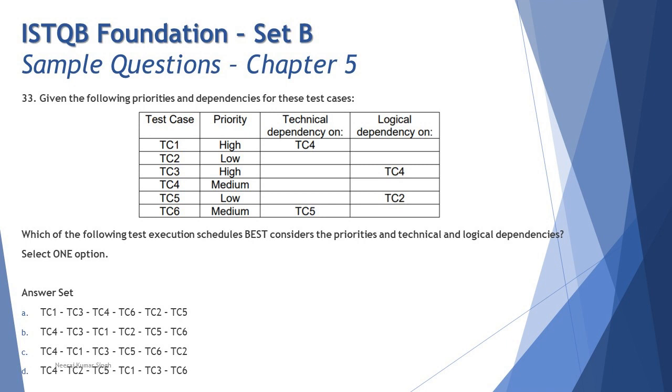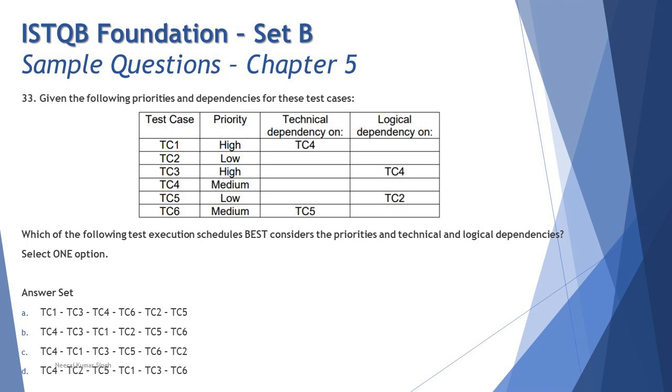Could be about the complexity, could be about the risk, etc. And here you prioritize that TC1 and TC3 are with high priority, TC4 and TC6 are medium, TC2 and TC5 are low. So as per the priority, the order of execution must be TC1, TC3, TC4, TC6, TC2, TC5.